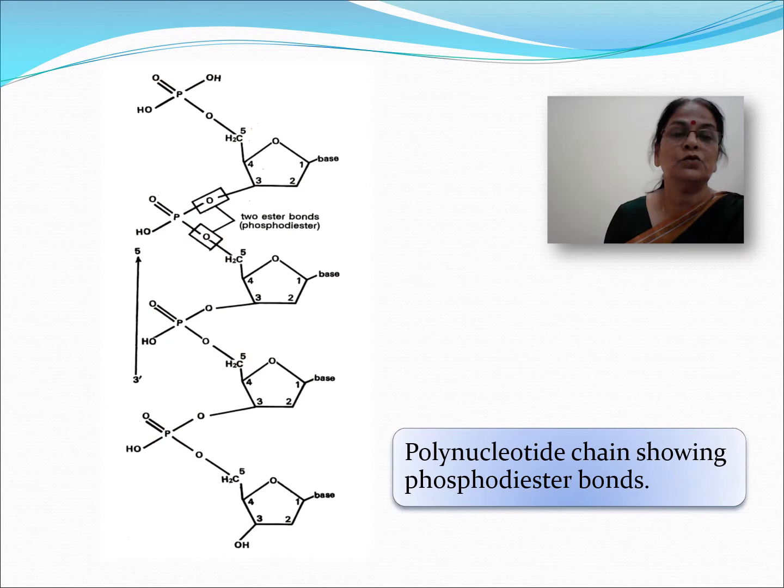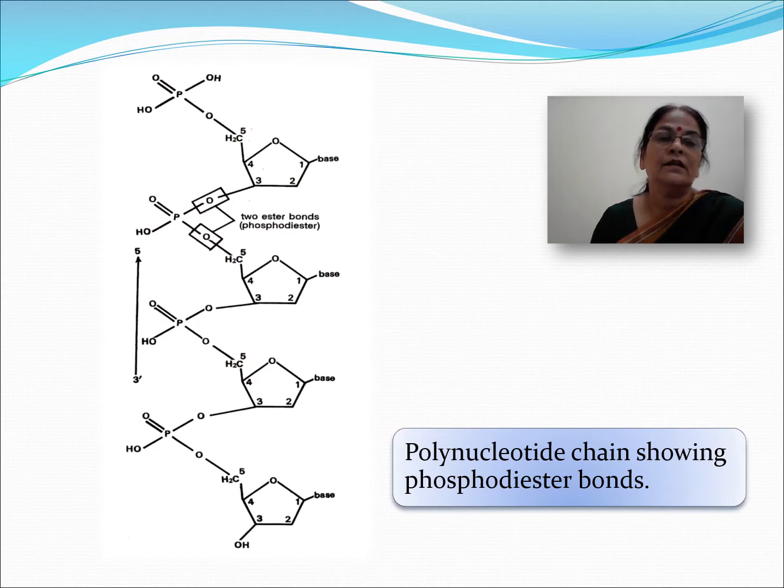These are 2 esters, so it is called diester bonds, phosphodiester bonds. Here we see this fifth carbon, these are 1, 2, 3, here bases are there, and this first carbon of the sugar is involved in forming glycosidic linkage with the nitrogenous bases.